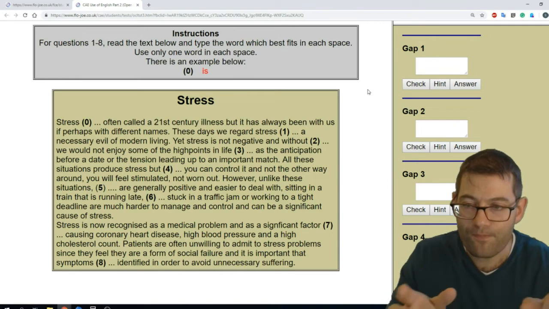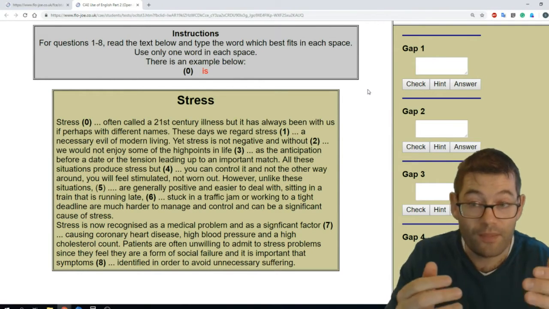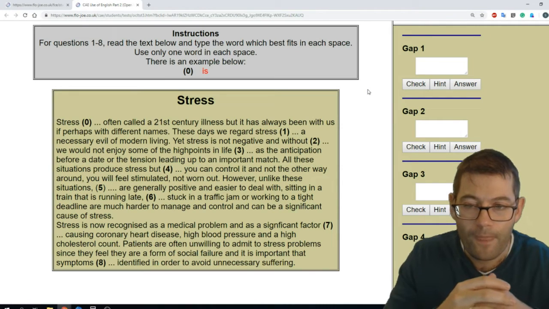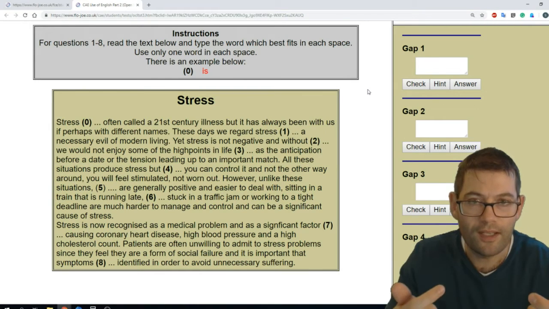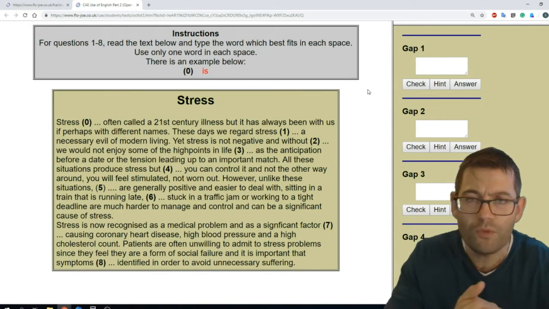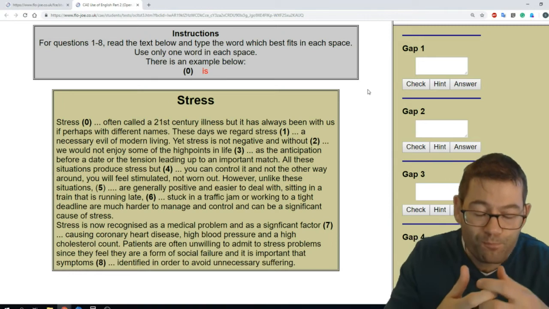Okay, so stress is often called the 21st century illness, but it has always been with us, if perhaps with different names. These days we regard stress a necessary evil of modern living. What do we need in this gap? What we need here is a preposition which explains.